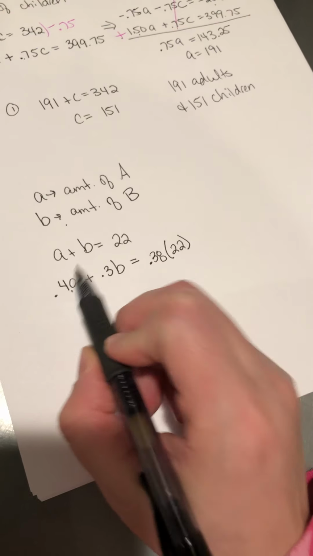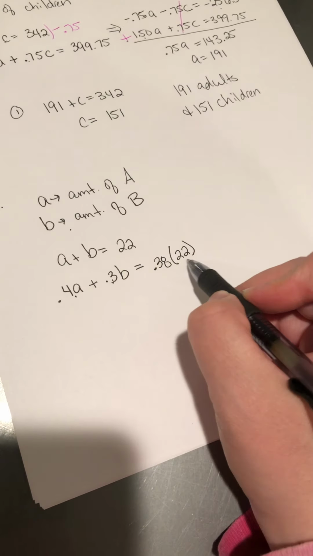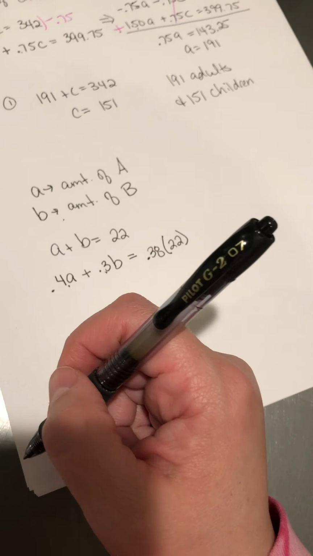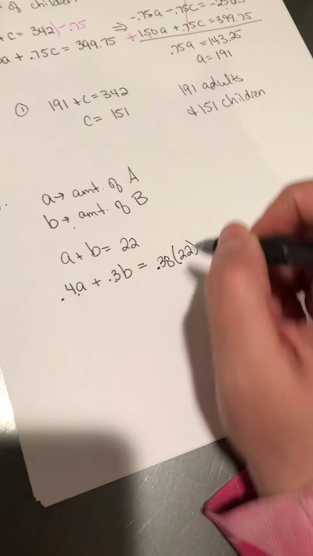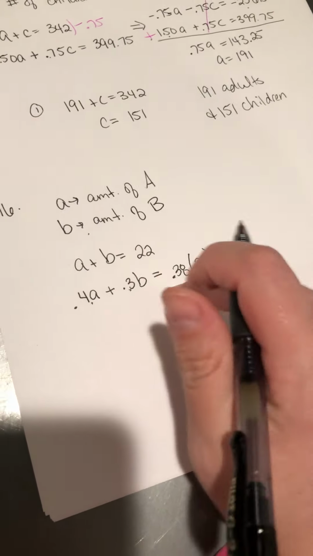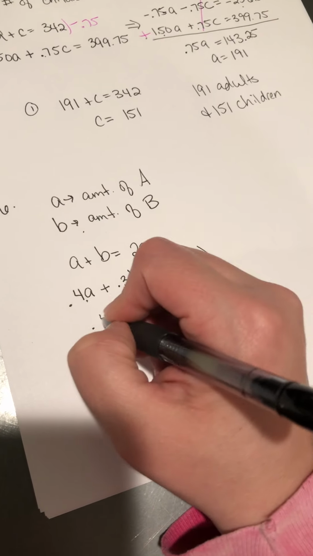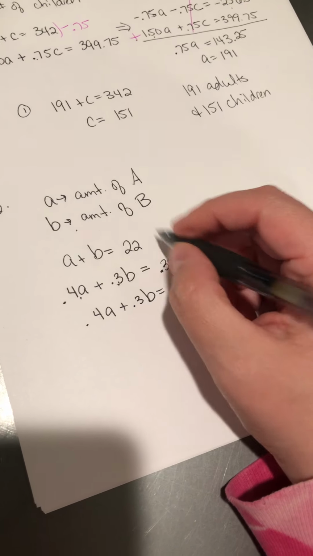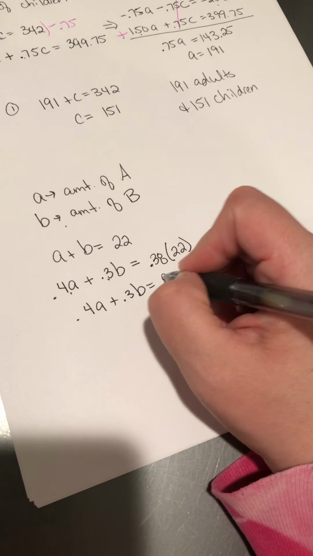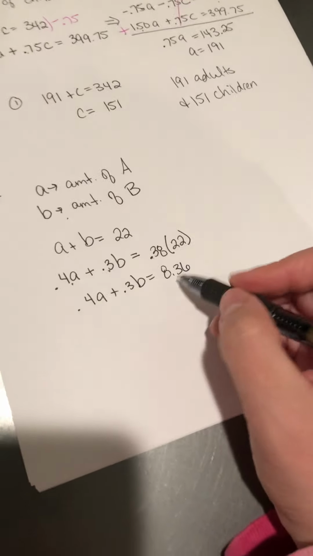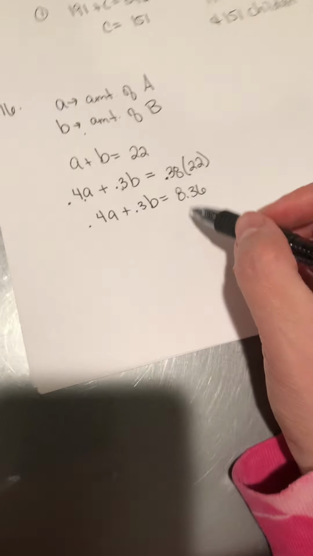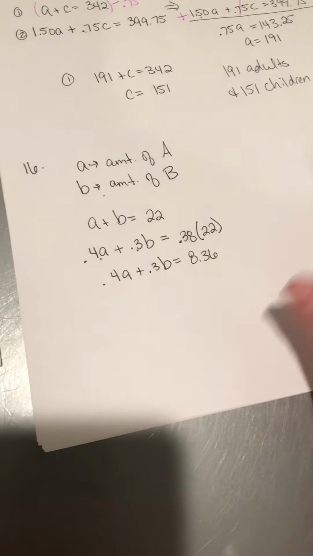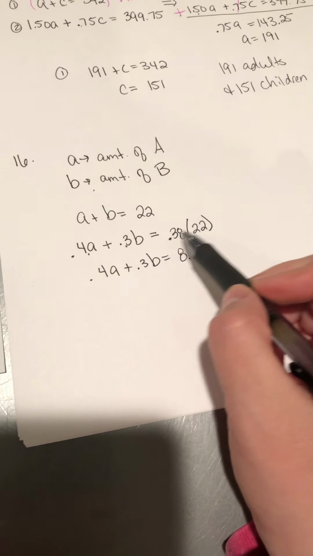So the acid in A plus the acid in B has to give me the total acid, and I know the total amount is 22. So it has to give me 0.38 times 22. Usually this is the part that throws people, but I want 38% of my 22 mLs to be acid. So essentially I want 8.36 milliliters to be acid, and then the rest of it to be whatever else it's mixed with.